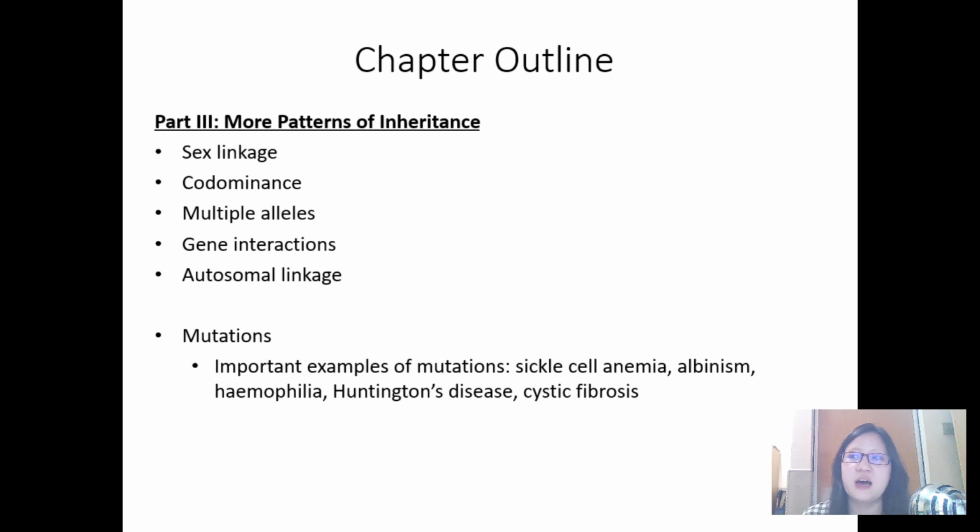A lot of the questions that come out are new scenarios, and you will need to use your conceptual understanding of what's going on with inheritance in order to solve the problem or solve the puzzle and answer the questions. So more past years, guys.